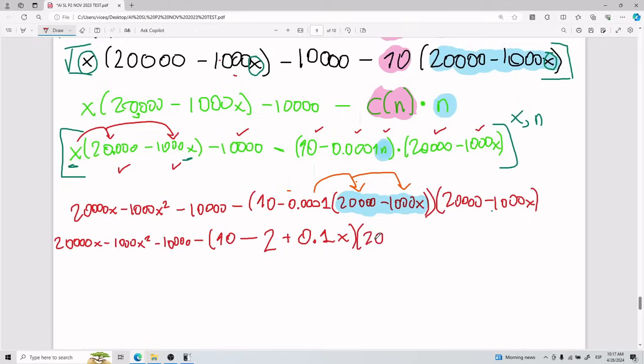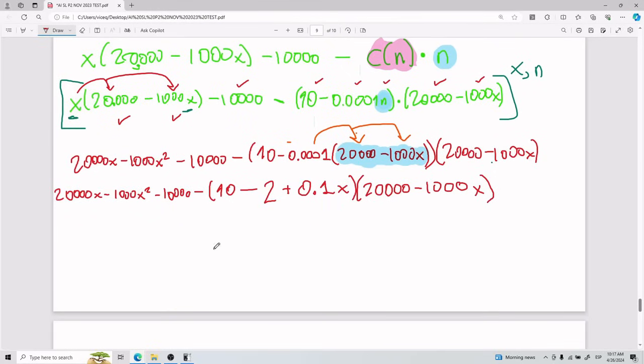My other parentheses is still the same. So yes, these are a lot of lines of math, but as you can see, I'm just trying to take my time, go slowly, do one thing at a time. So here on the left side, again, nothing's going to change. I'm not touching anything over here just yet. But in this first parentheses, I can combine the 10 and the negative 2, so that gives me 8. And here I have my 8 plus 0.1x times the other parentheses.